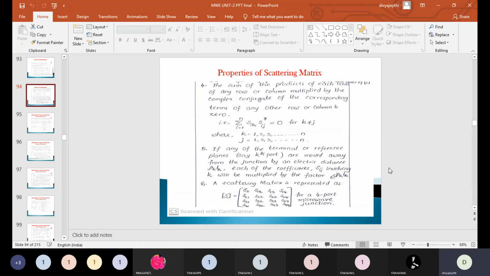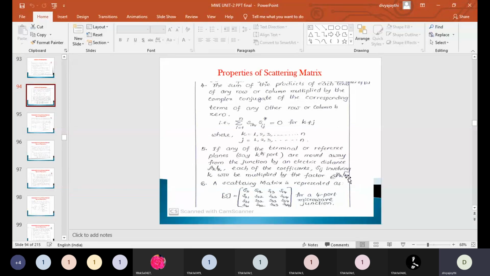And the fifth one is that, soon after you design this scattering matrix with four ports, if, because of some issues, one of the ports is removed, that means after designing this scattering matrix of 4 by 4, then the change should be made by multiplying with one term, we can call it one factor, and that factor is nothing but e power minus jpk into lk.